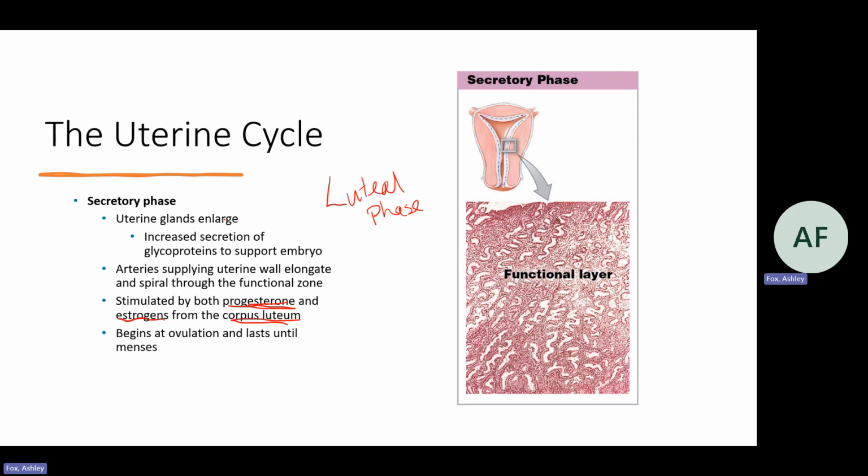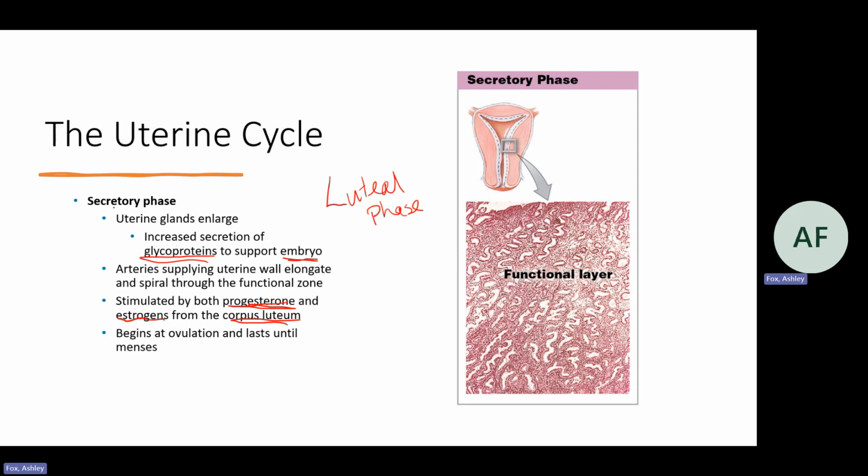We're going to make those glands larger. They're going to start making even more things, so not just glycogen, they're going to make proteins as well to help support a potential embryo coming. The spiral arteries are going to get larger and go further into the functional layer.